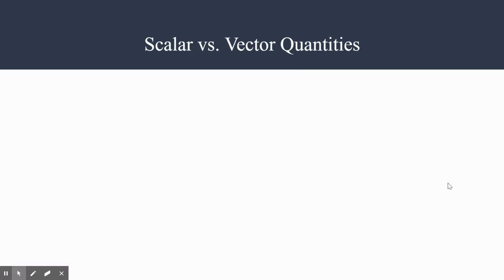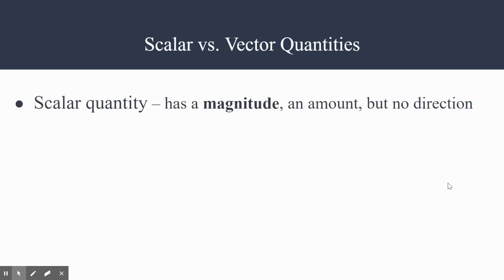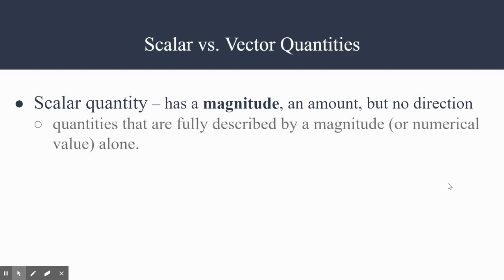The next thing we're going to talk about, and this will be new for today, are scalar and vector quantities. It's important that we know the difference between the two so that we know how to treat each one. A basic definition of a scalar quantity is a quantity that has magnitude, or an amount, but no direction.